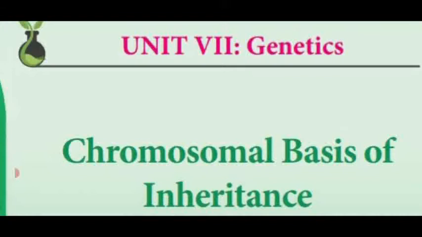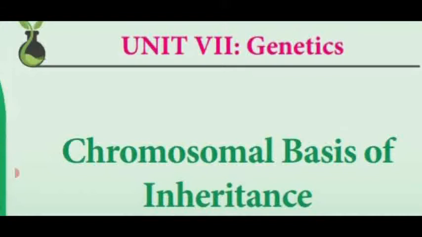Another one, hypoploidy: one or more sets of chromosome deleted from the diploid set is known as hypoploidy. This is also divided into different types: monosomy, double monosomy, nullisomy, and double nullisomy.